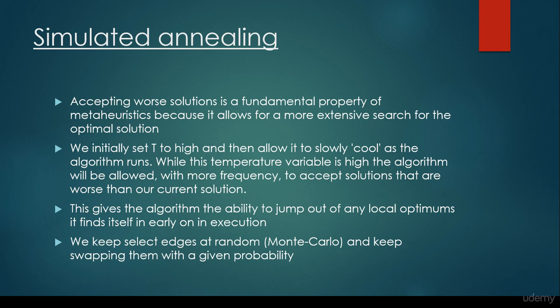And I think it is quite counterintuitive that in the end, it's going to give very, very good results. It gives the algorithm the ability to jump out of any local optimums it finds itself in early on in execution. And we keep selecting edges at random. This is why it is similar to Monte Carlo algorithms, and keep swapping them with a given probability.